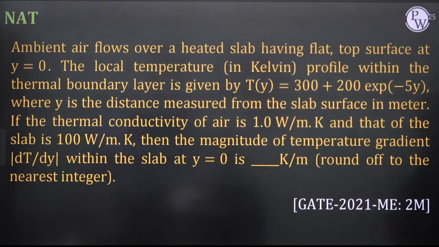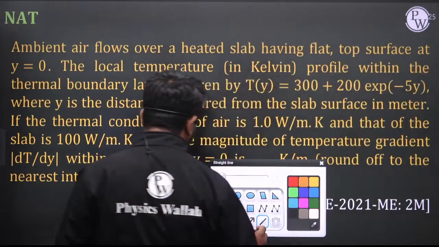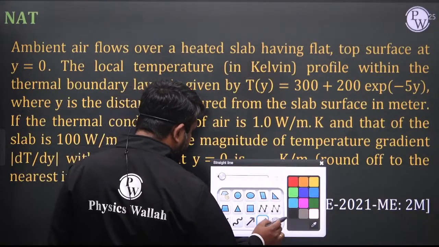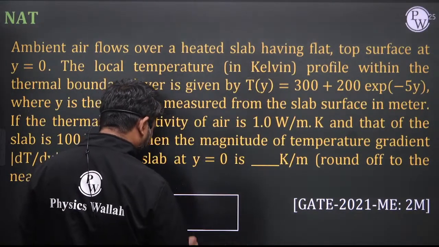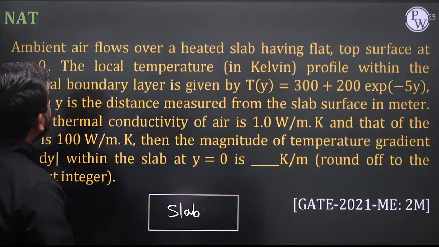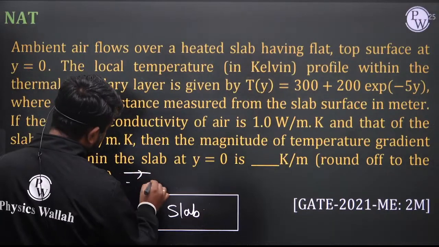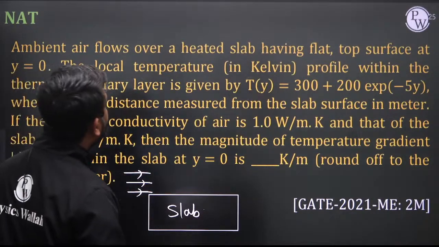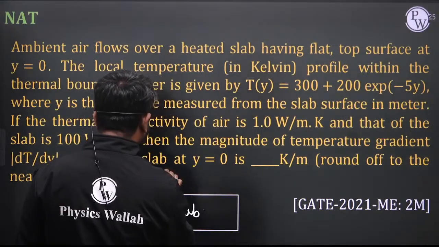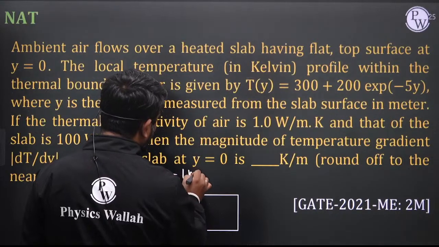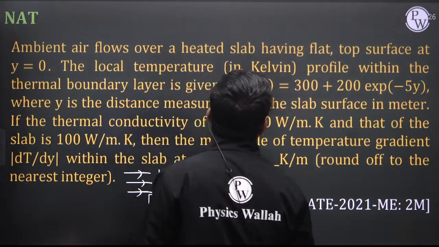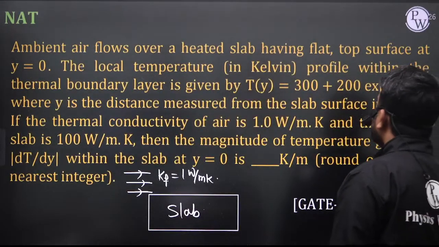So we have the heated slab like this, and air is flowing over this heated slab. Thermal conductivity of air is mentioned, that means Kf is 1 watt per meter Kelvin, and y is the distance measured from the slab surface.